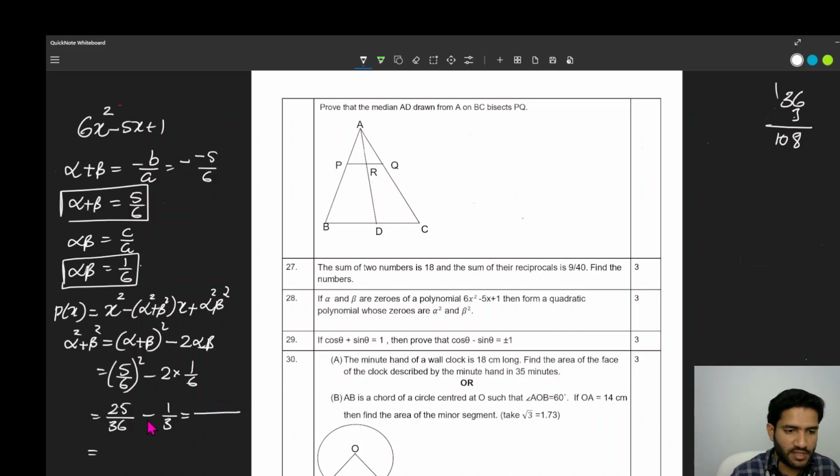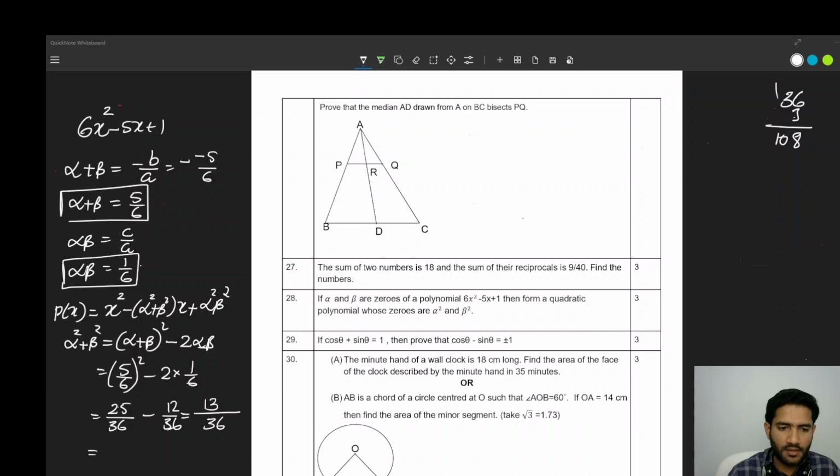If you use the LCM, we multiply 1 by 3 with 12 and we get 36. That's better. So 36 is common, the denominators are equal, so we can subtract the numerators. 25 minus 12, that is 13. So 13 by 36.